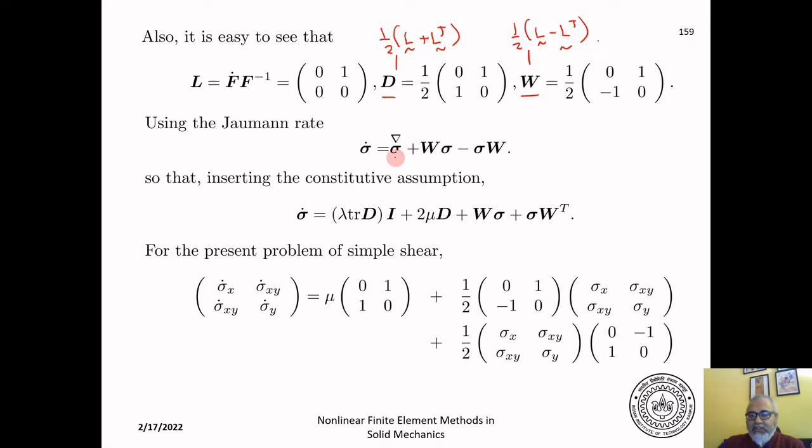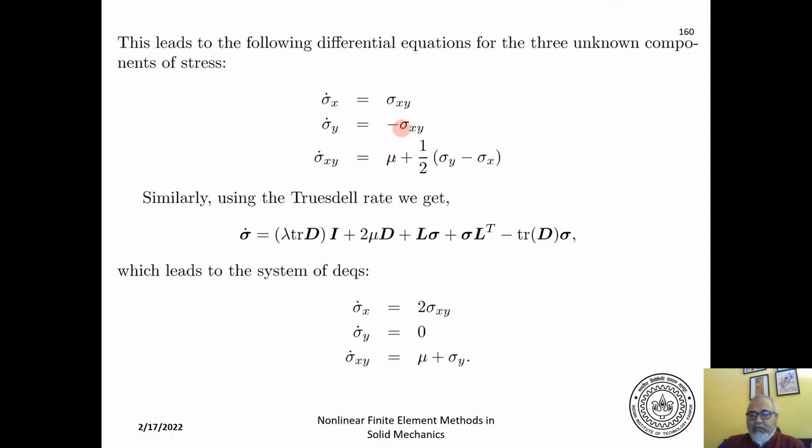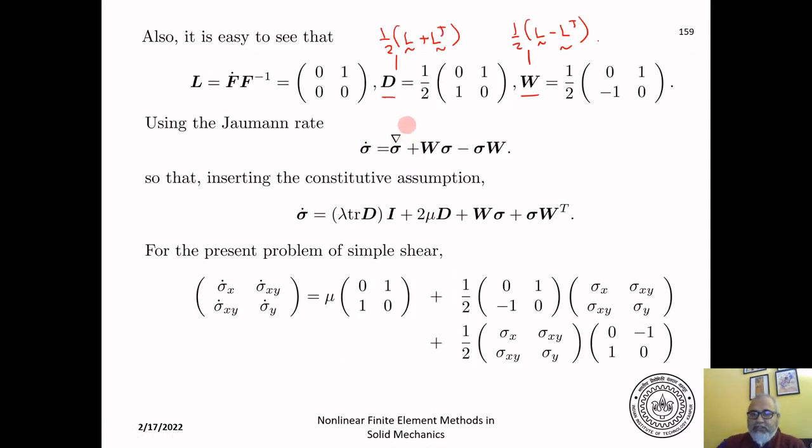So for this we have substituted the constitutive equation here, and this is what we get, right? So sigma dot is now sigma x dot, sigma xy dot, sigma y dot, and that we can now write down completely because we know all of these things.